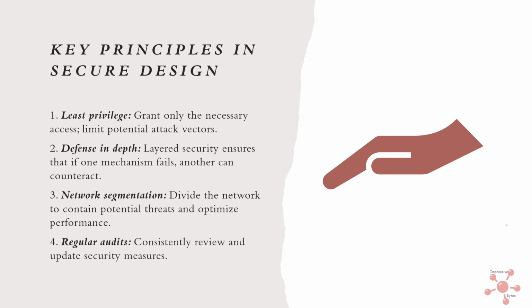Key principles in secure design. In our quest for a robust network, we lean on 4 sturdy pillars: limiting access. Just as you wouldn't give the keys to your home to a stranger, we ensure only trusted entities can access our network. Layered defense. Much like a castle with outer walls, inner walls, a moat, and guards, we deploy multiple layers of defense to deter intruders, compartmentalizing the space.